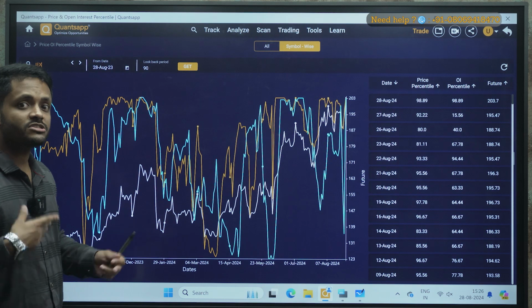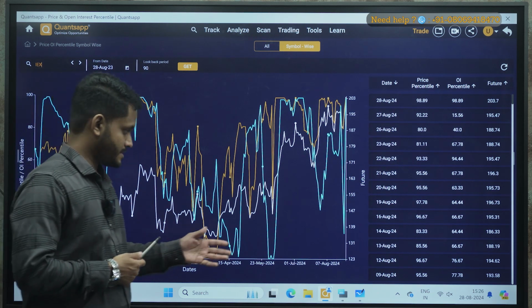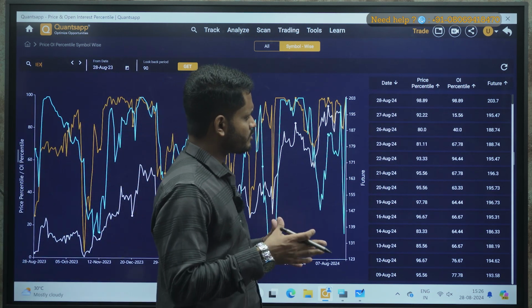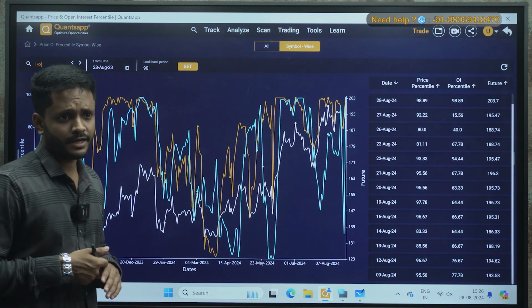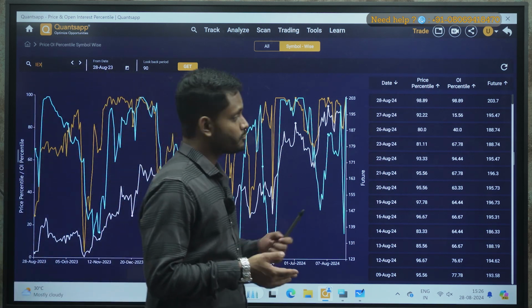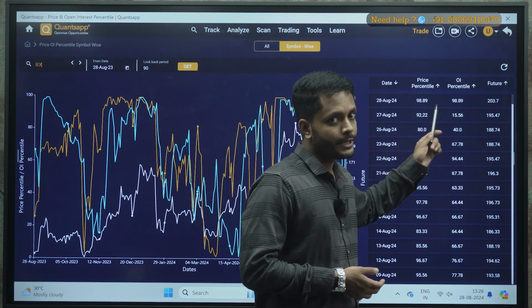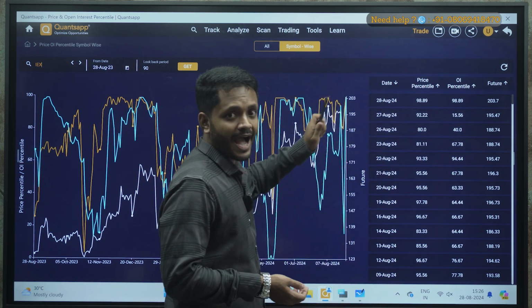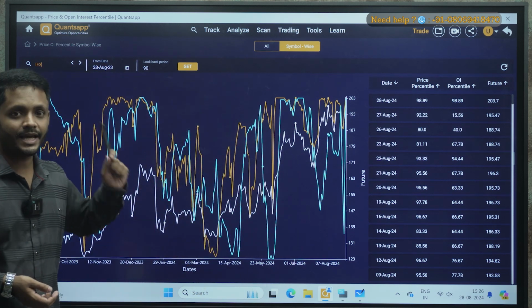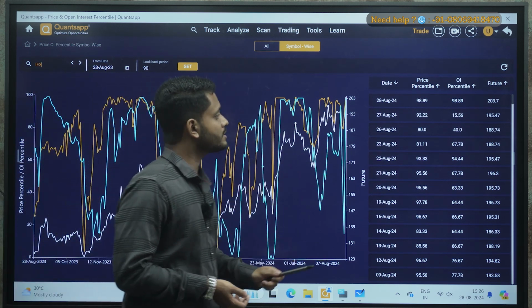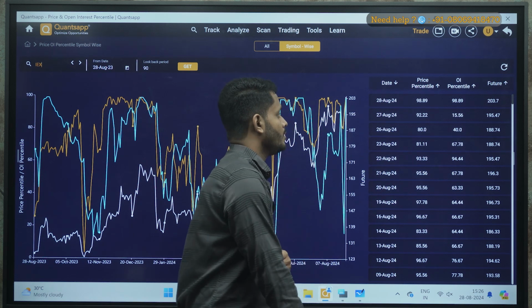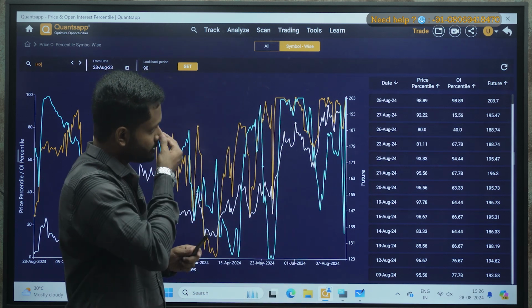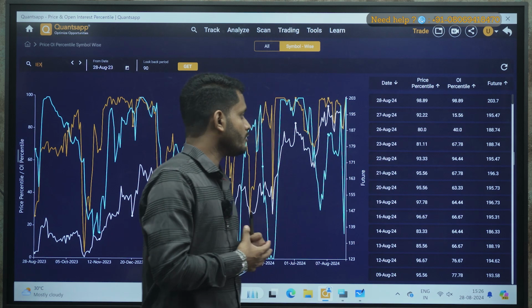So today post market, okay, currently the market is going on. So later on around 6:30 we receive the bhav copy, correct? So post market we are supposed to check this, and I think this is going to stay intact. So if you see on 28th August, IEX, the price percentile and OI percentile both triggered the condition, okay? Both exactly triggered the condition on 28th of August.